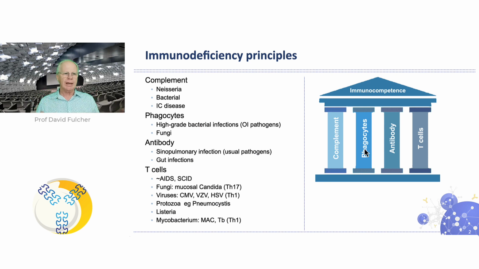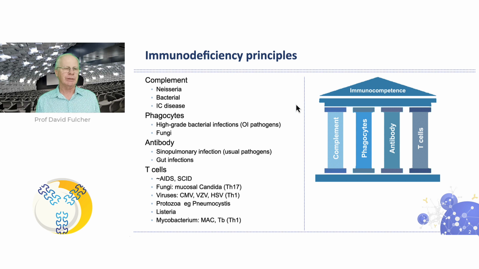So let's just remind ourselves of the principles of what happens if your immune defenses are down, and we divide this into four main pillars, if you like, of immunocompetence, namely that we need complement, we need phagocytes, we need antibodies, we need T cells, all of which allow us to fight various types of infections, and if one of those arms is missing, then you're susceptible to various types of pathogens.